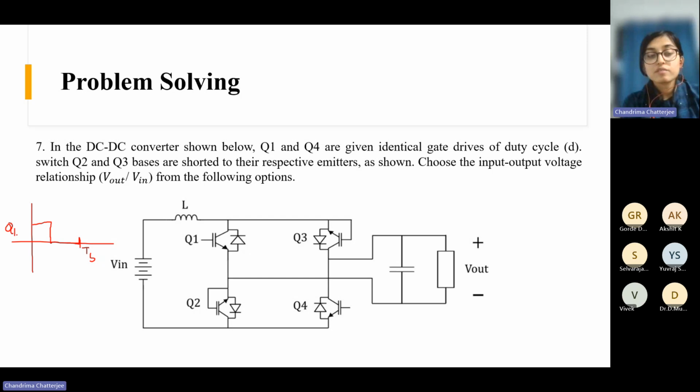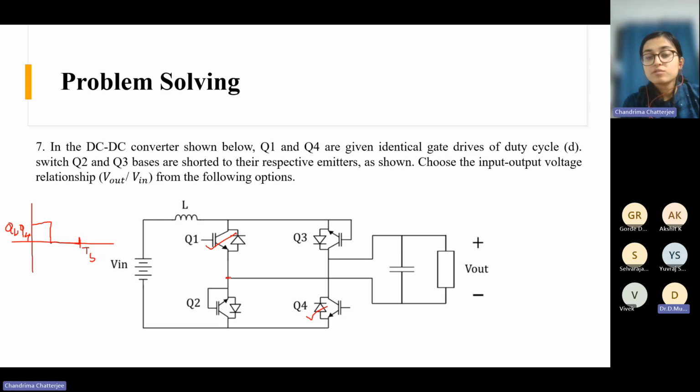Okay. So this same pulse we will give to Q1 as well as Q4. So now first suppose Q1 is on, Q4 is also on. So here there is an inductor.